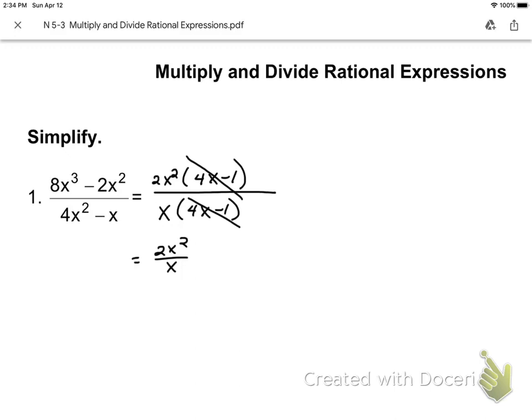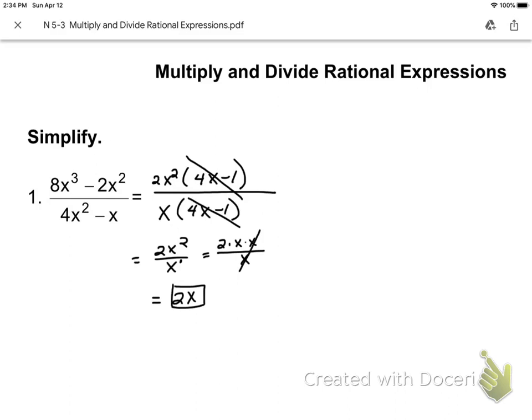You know that when you divide variables with exponents, you subtract the exponents, so 2 minus 1 is 1, x. The other way to look at this is 2x squared is 2 times x times x over x. So one of your x's is going to cancel, and your final answer is going to be 2x.